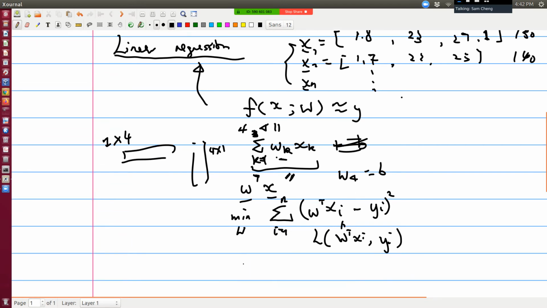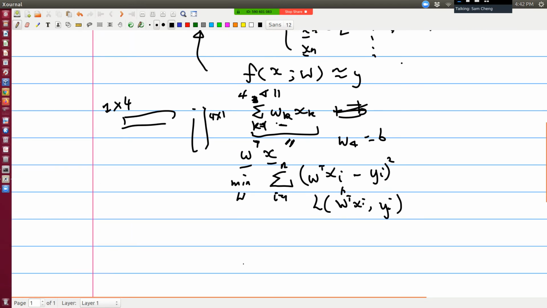Let's say we sum over everything, but let's look at just one sample here. If we just have one sample, we want to minimize w transpose x minus y. We can do a little bit of calculus here.